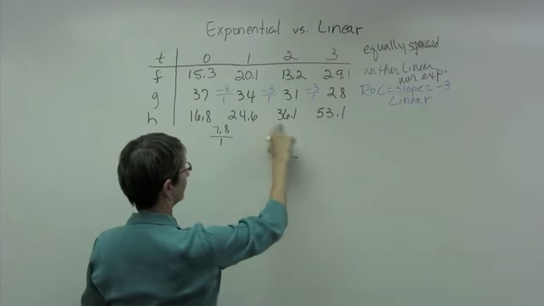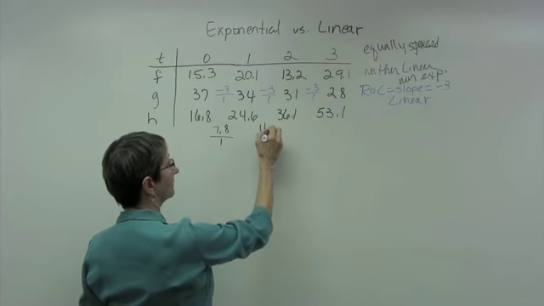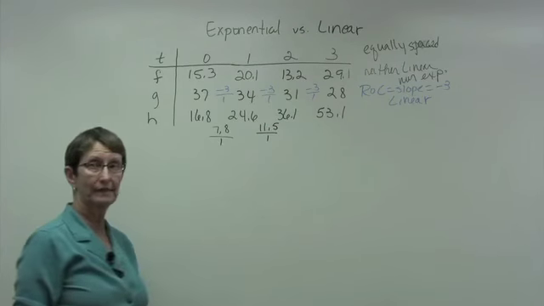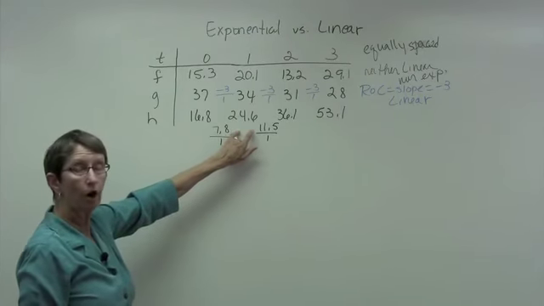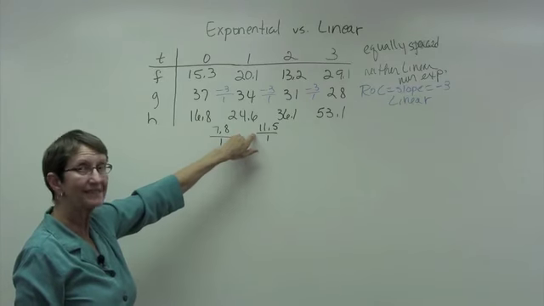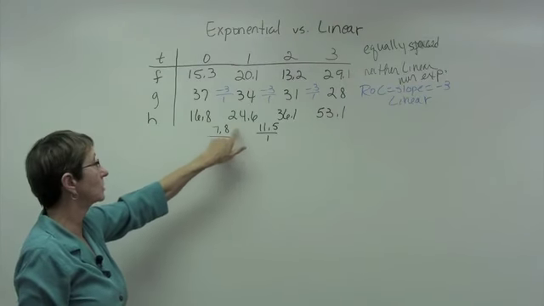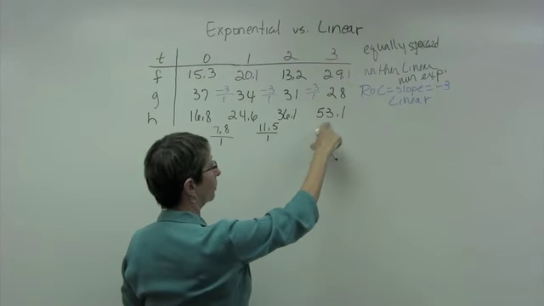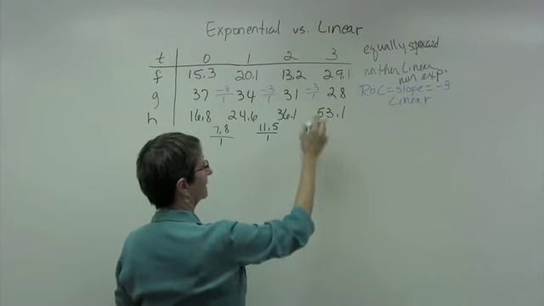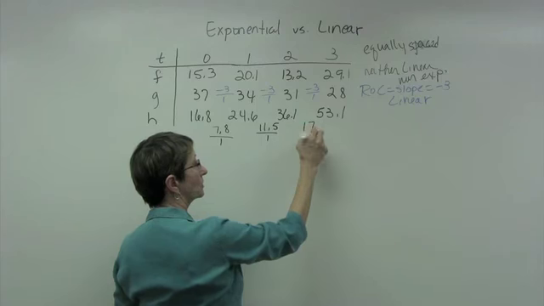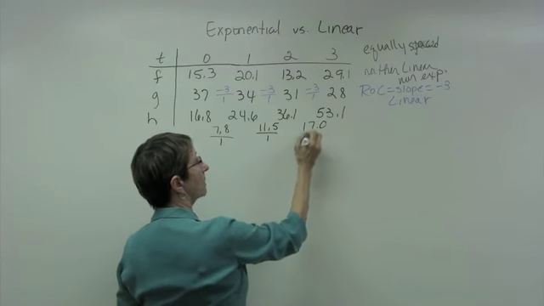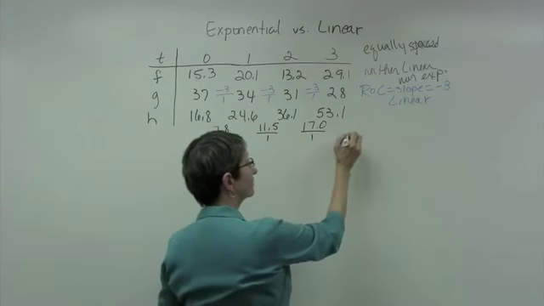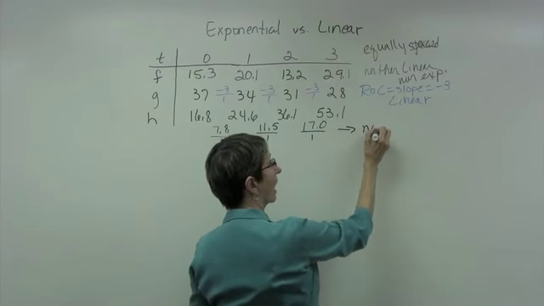That's actually an increase of 11.5 units, but still a 1 unit increase in x. So far, my rates of change are definitely not the same. It's not a constant rate of change or even close to being constant. And from 36.1 to 53.1, that's 17 units change in y over a 1 unit change. So these rates of change indicate not linear.